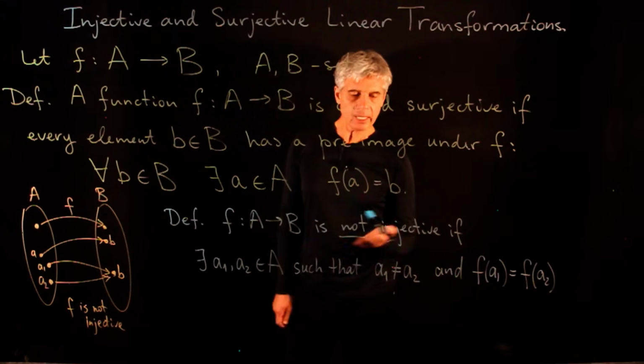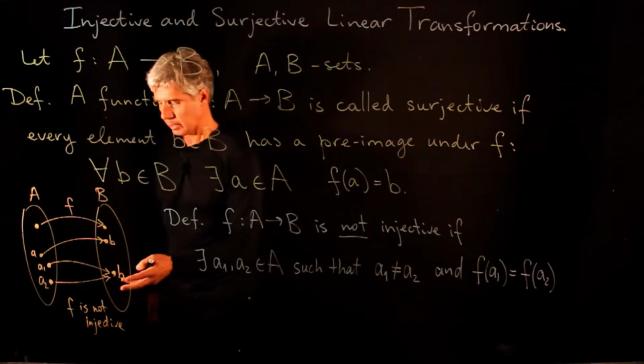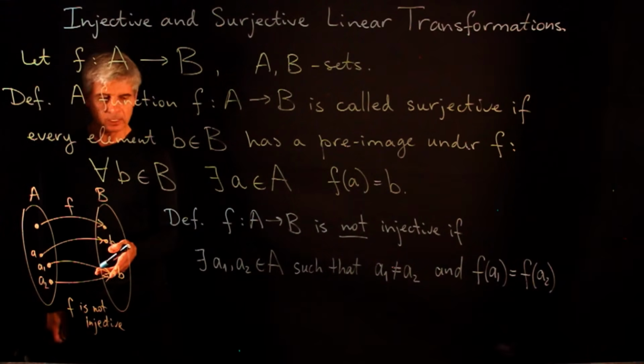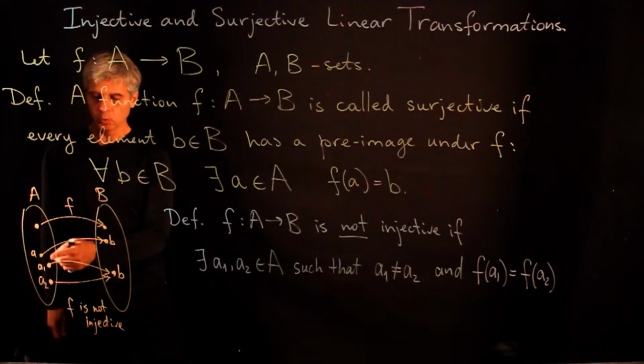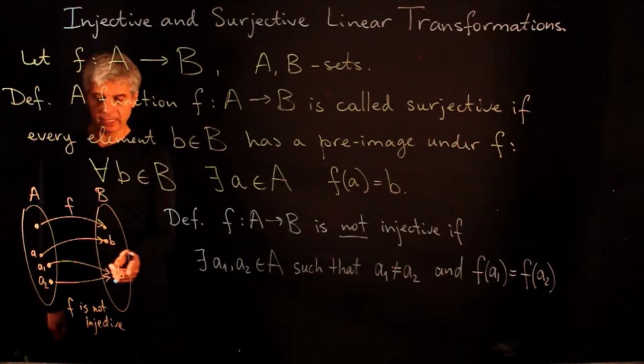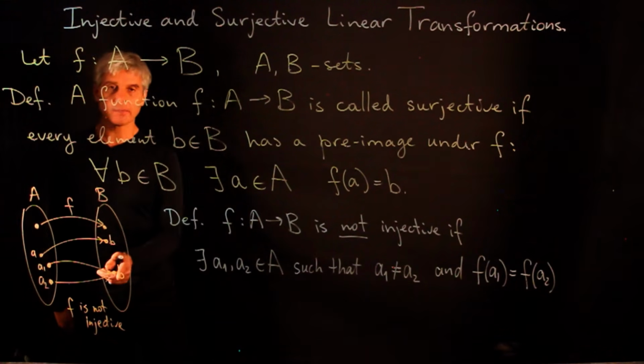And so the function is injective if there are no instances of this occurring. So we cannot have two different elements of the set A being sent to the same element of the set B.